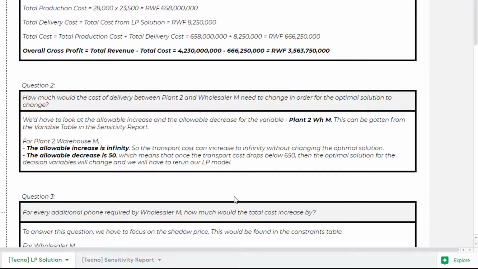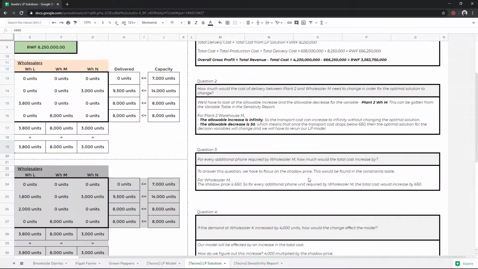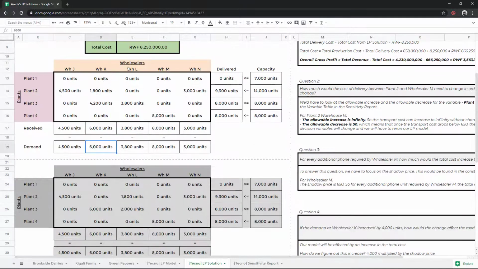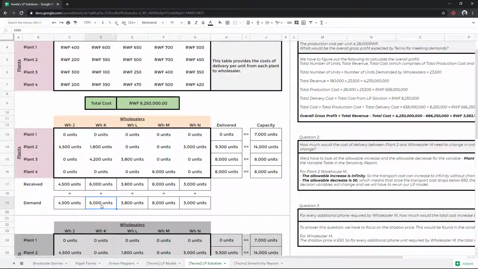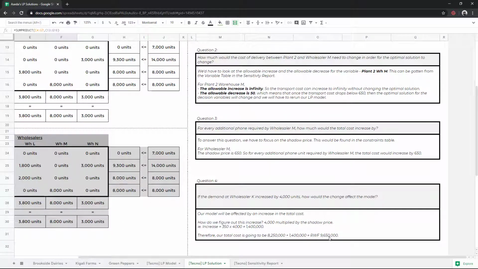So these are the answers to the sensitivity analysis questions in our LP problem for Tecno. I might do one last video, which is just going to confirm all these interpretations we have made from the sensitivity report. So for example, for question 4, we're going to change this to 10,000 units, right? Rerun the model and see whether we're going to get 9.65 million over here, right?